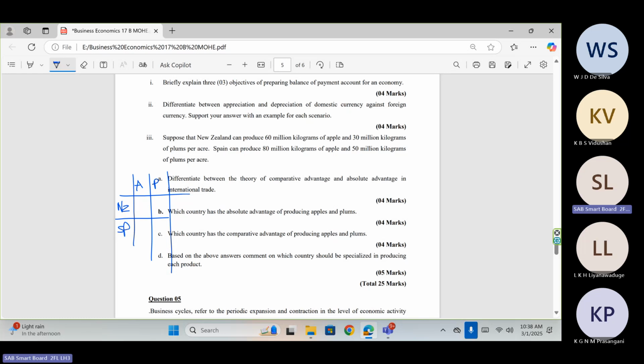This matrix you have to do, otherwise you can't start. New Zealand can produce 60 million of apple and 30 million of plum. Spain can produce 80 and 50.